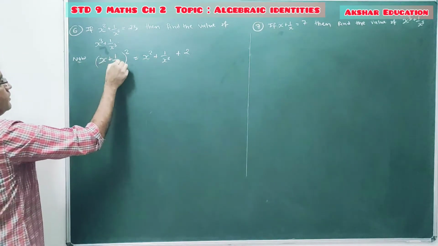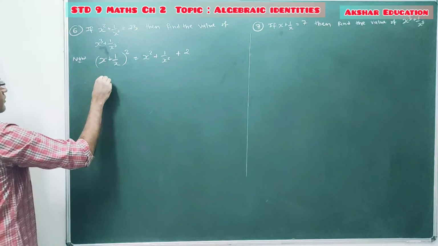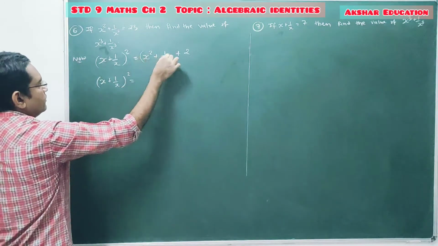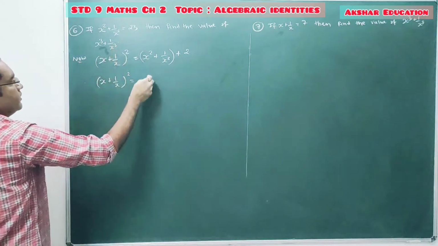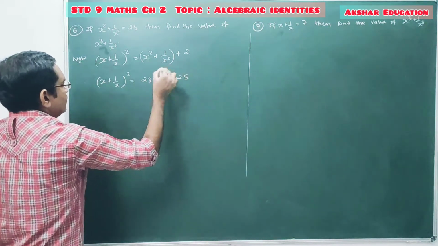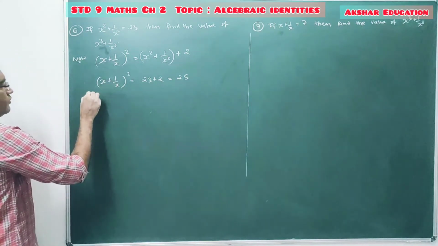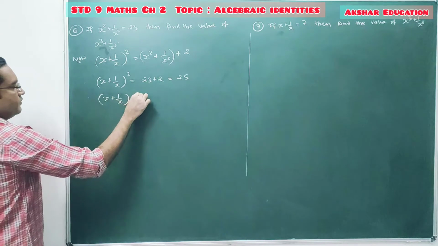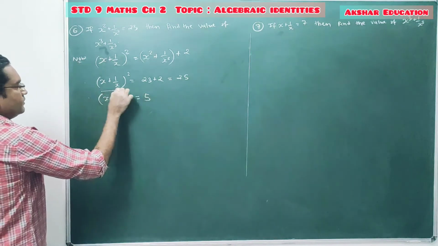So now x plus 1 by x whole square equals, now this one, x square plus 1 by x square is given, 23, plus 2, which is equal to 25. So we are getting the value of x plus 1 by x, which is equal to 5.